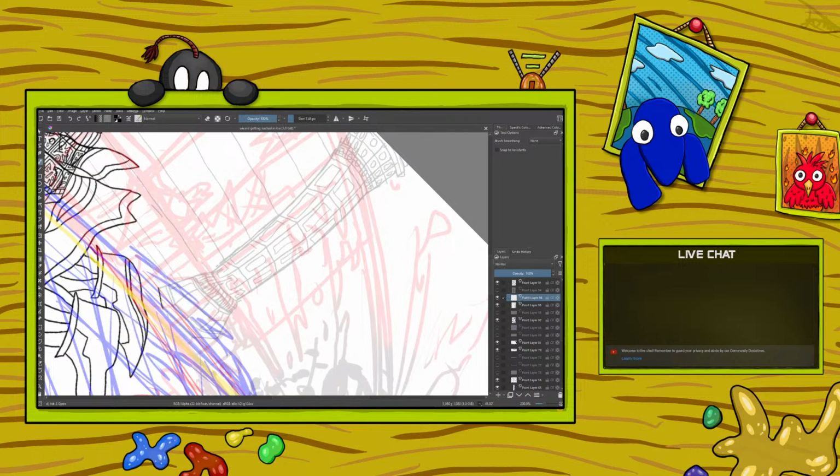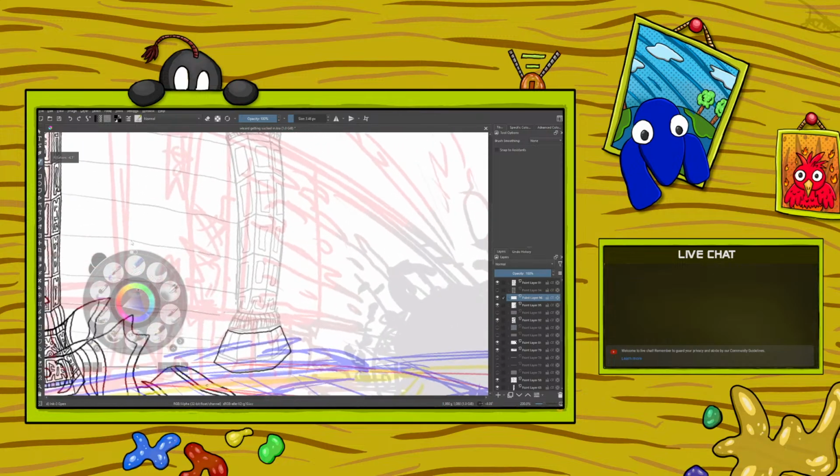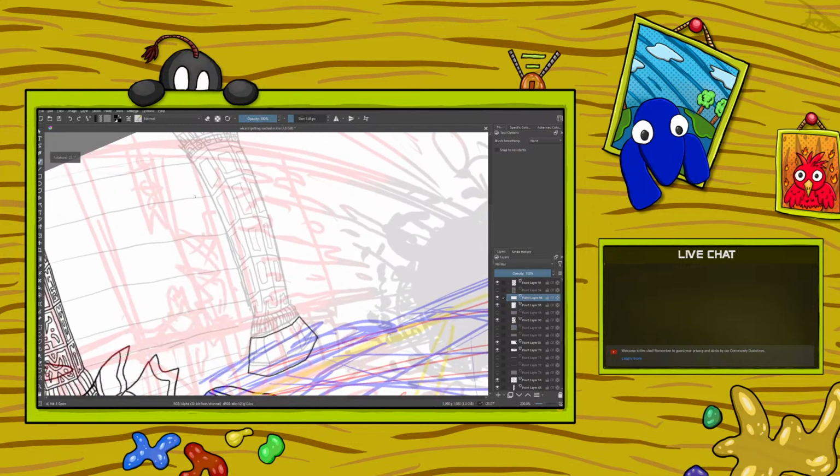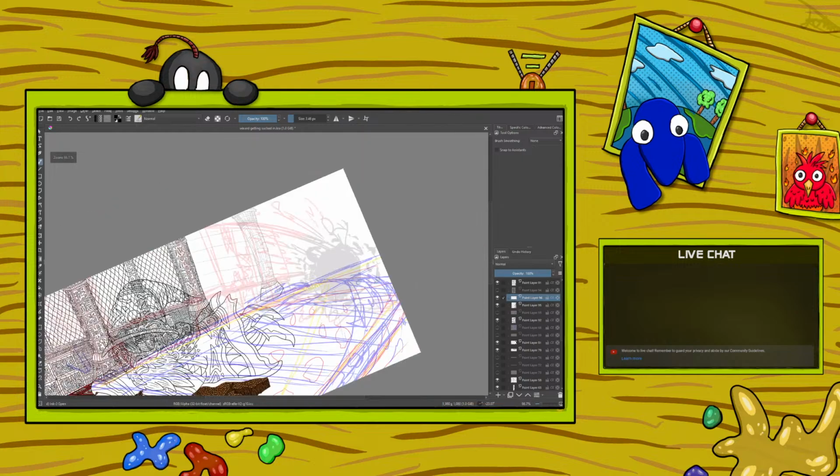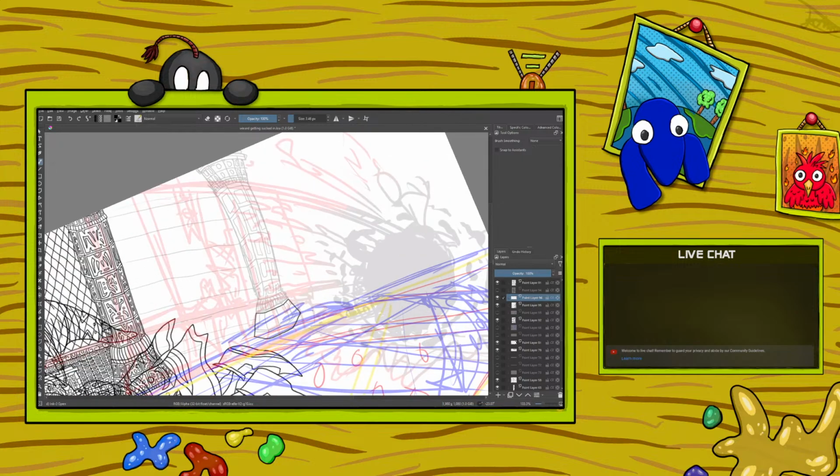First, I'm going to be drawing the outer lines, mainly because they are the most important parts. Ah, okay. Yes.